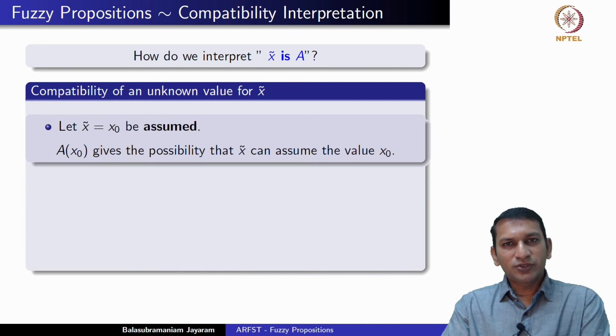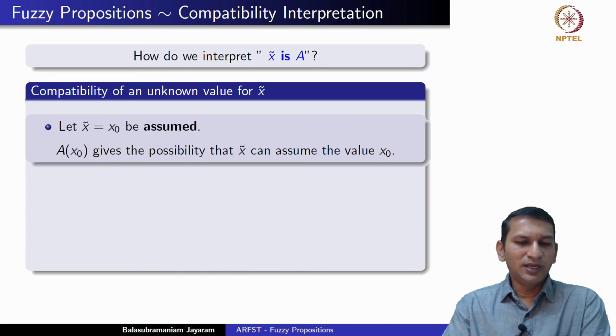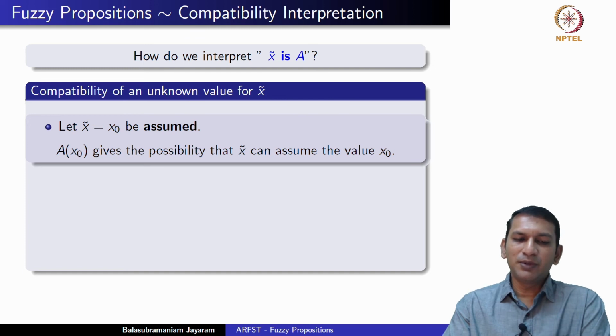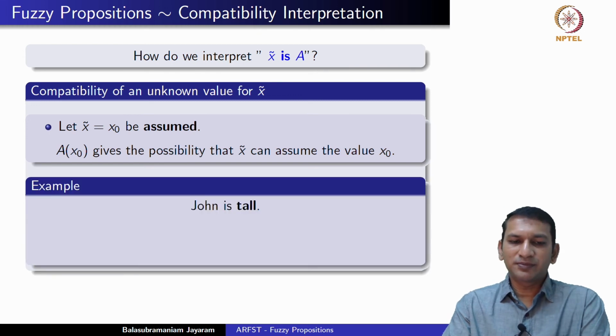Then A of x naught, remember A is a fuzzy set, A of x naught is its membership value. It gives the possibility that x tilde can assume the value x naught. So now this goes back to the second type of interpretation that fuzzy sets can be given. So this membership value can be looked at as the possibility that x tilde can assume the value x naught.